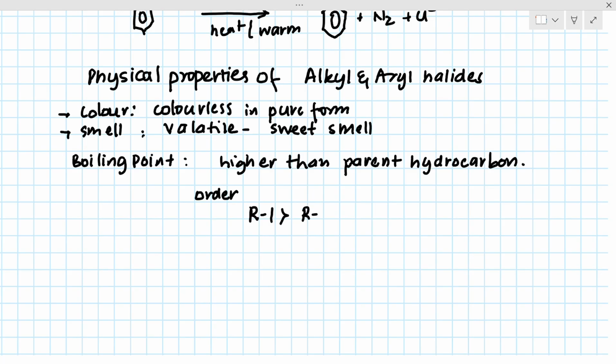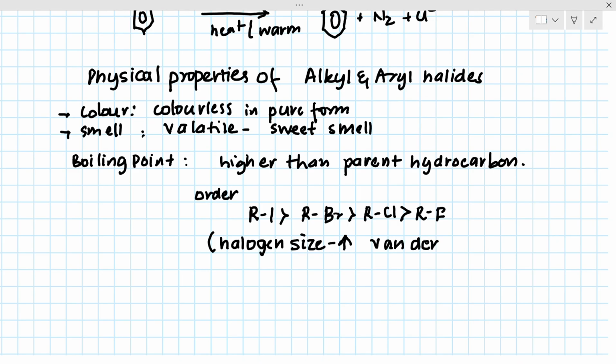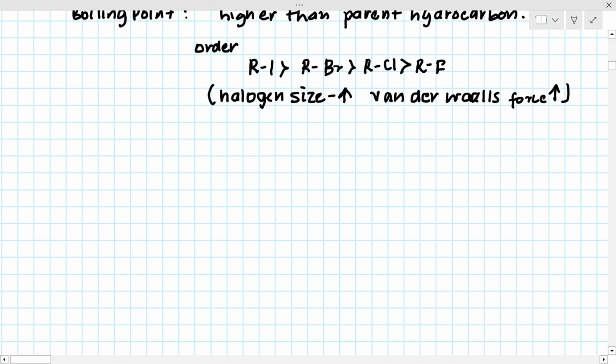Then R-Br and then R-Cl. This is because the halogen size is larger, so the van der Waals force is also more.